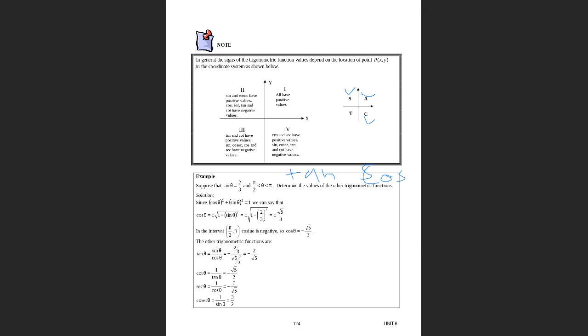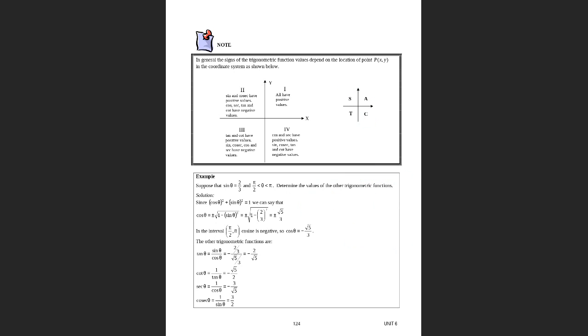You have to know that the reciprocal of cos is sec, and the reciprocal of sine is cosec. So these are the functions that we are going to find.